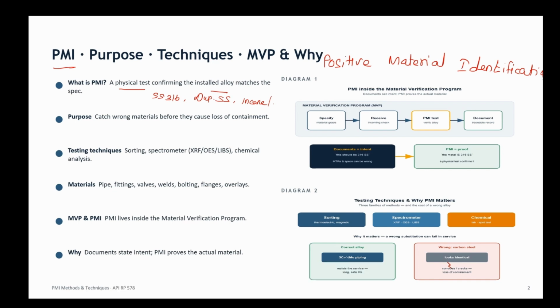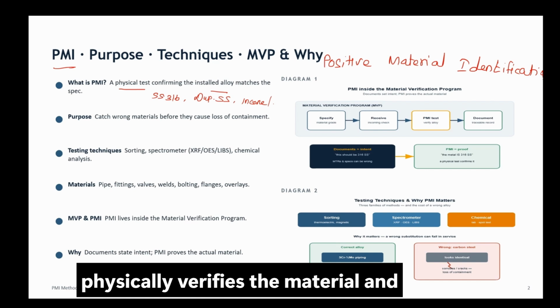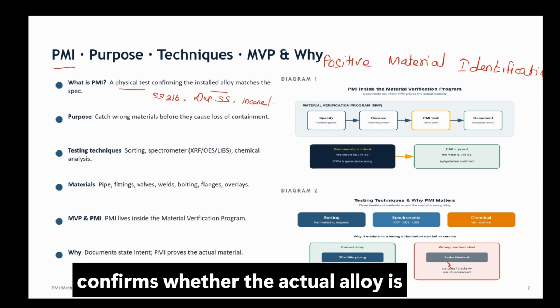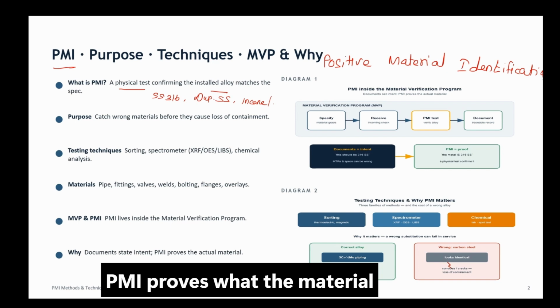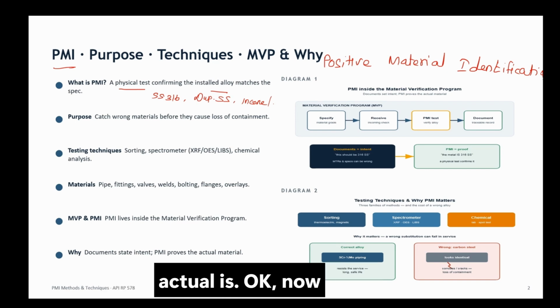So, PMI physically verifies the material and confirms whether the actual alloy is correct or not. The document tells what the material should be. PMI proves what the material actually is.